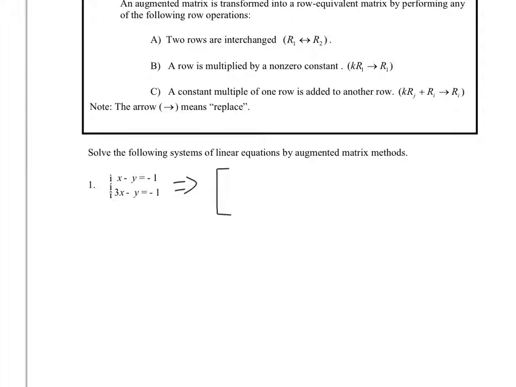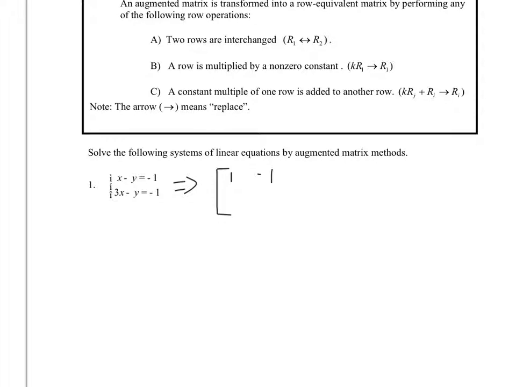So what we do when we create a matrix is we use squared off brackets, and we don't include any variables in our matrix. We're only going to write coefficients. So if I go across the top row, my coefficient in front of x is 1. Remember, if I don't see it, then I know that it was 1 times x, and that's going to mean my coefficient is 1. In front of the y, my coefficient is a -1.